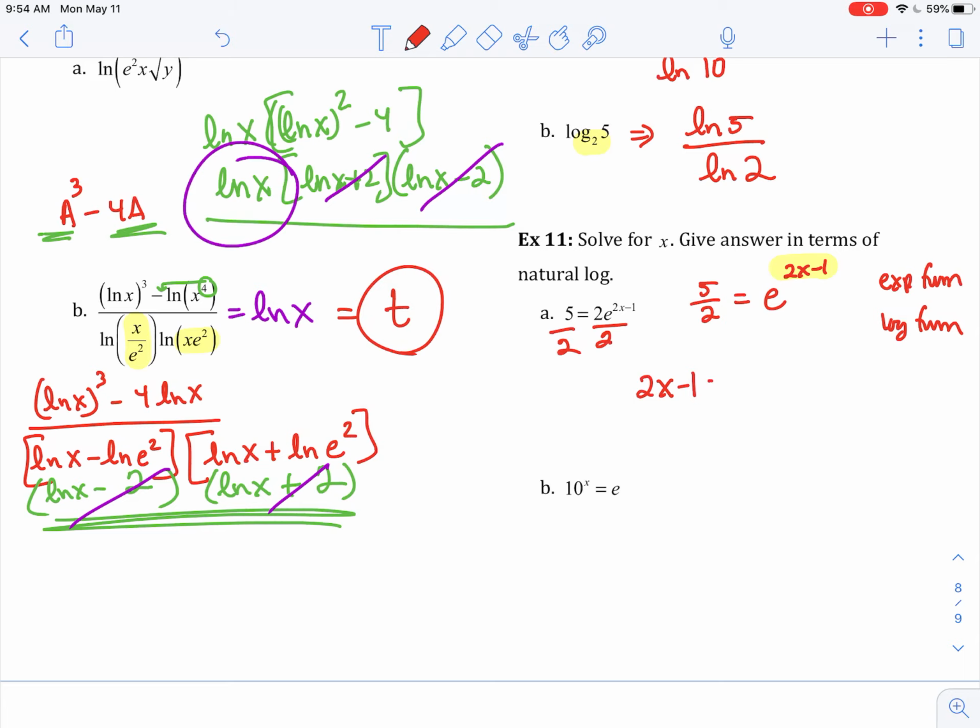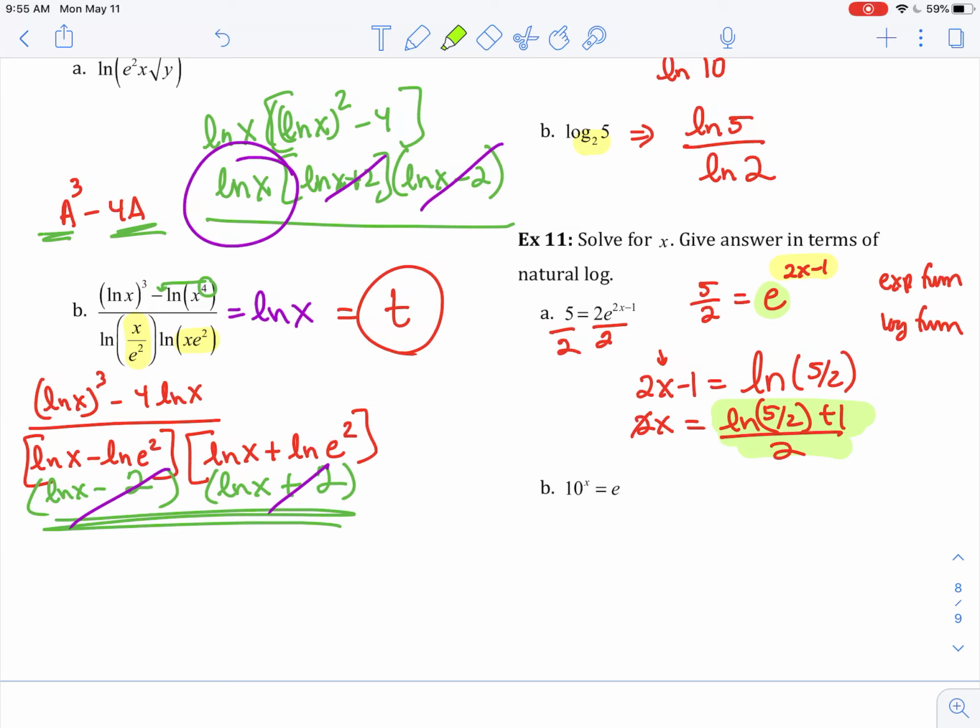So our 2x minus 1 is equal to the natural log, because we are working with a base of e here. So the natural log of 5/2, and now we are able to isolate our x variable here. So if we just add our 1, and then we divide out our 2, that would be our final answer for x.